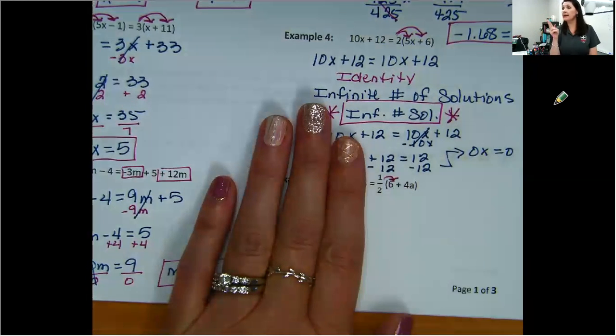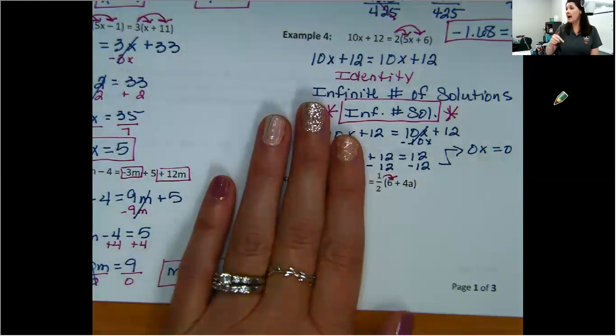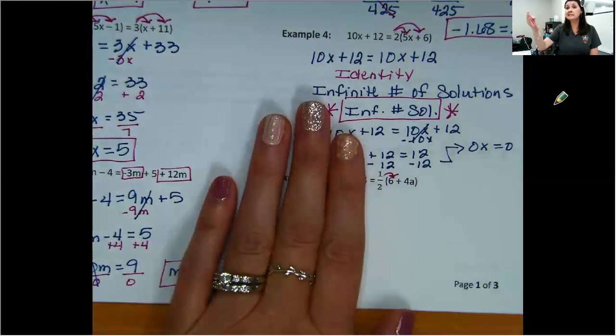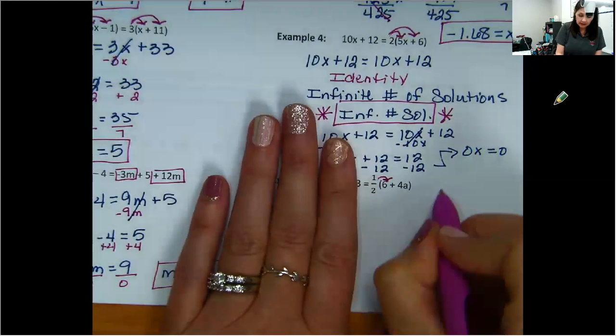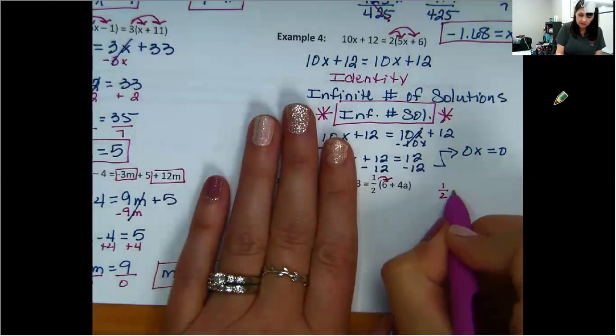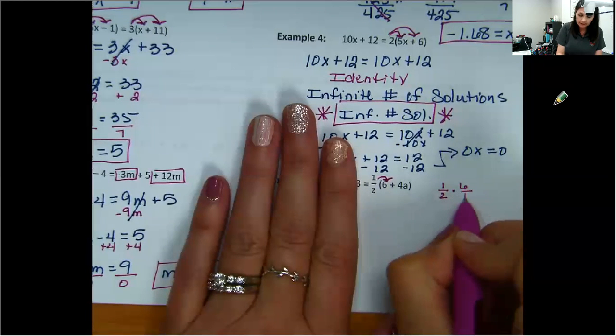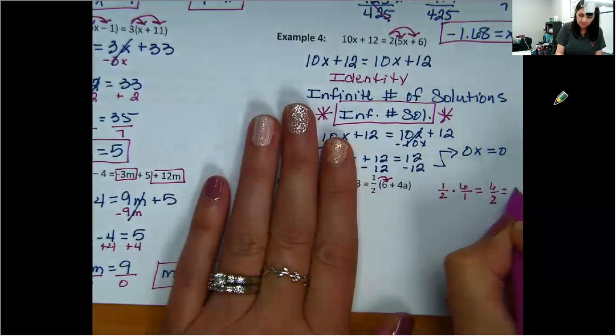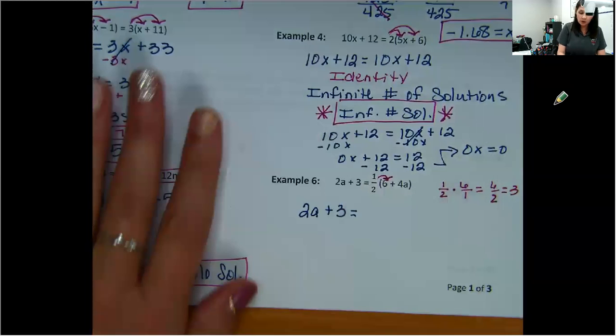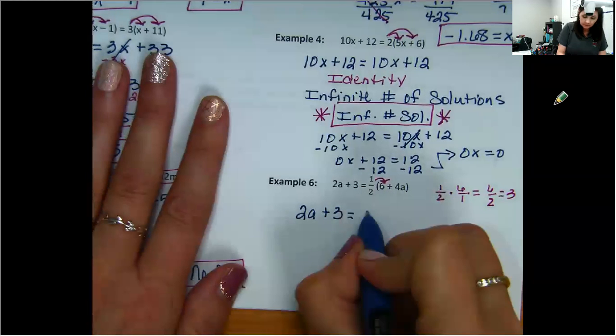There are two ways you can look at it: what is half of 6, which is 3, or what is 6 divided by 2, which is 3. What you're actually doing is taking 1/2 and multiplying it by 6, and you get 6 over 2, which is 3. But if you can do this part in your head, I would do that.